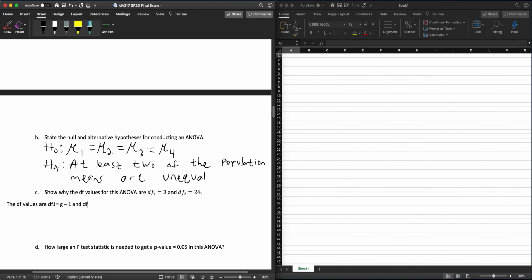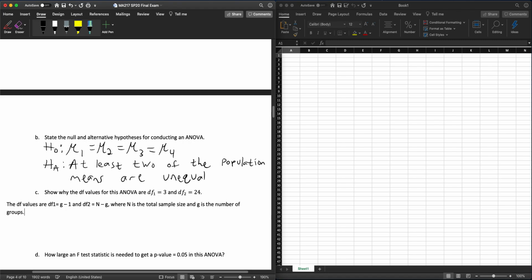And the second degree of freedom value, so DF2, that's the total number of every object in all the groups minus the number of groups, where capital N then is the total sample size and lowercase g is the number of groups.